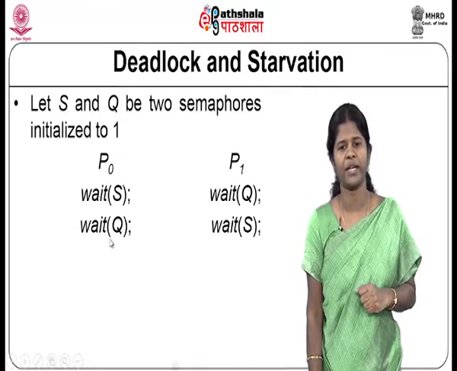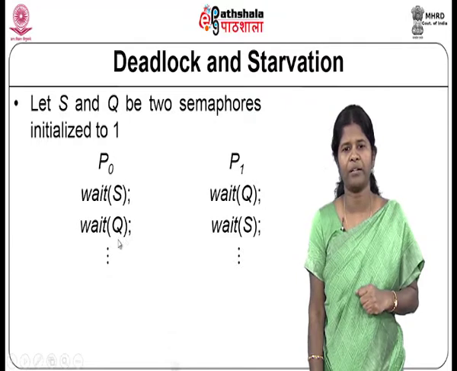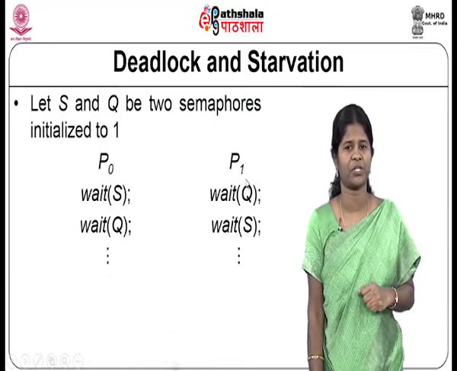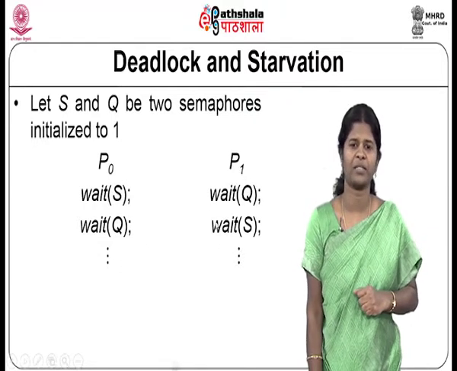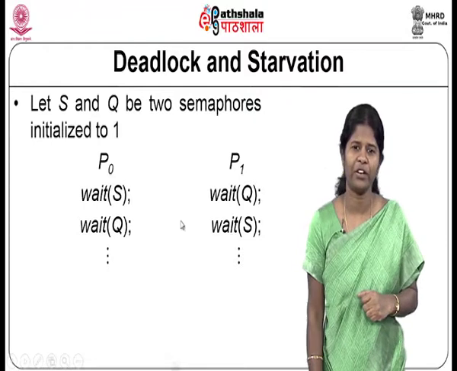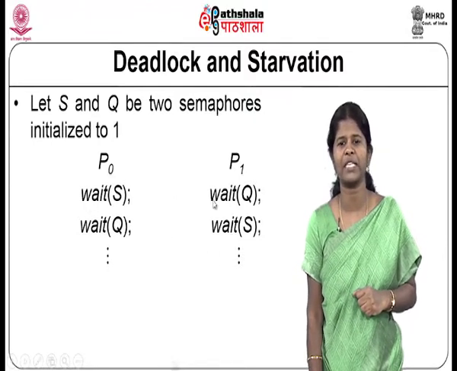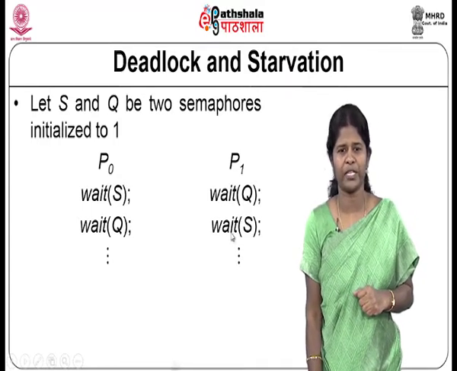Now P0 executes wait of Q, but P0 finds that semaphore Q is already being held by some other process. That is being held by process P1, and P1 executes wait of S. So the value of S is now 0. P1 also finds that S is currently being held by some other process. So process P1 is also waiting.